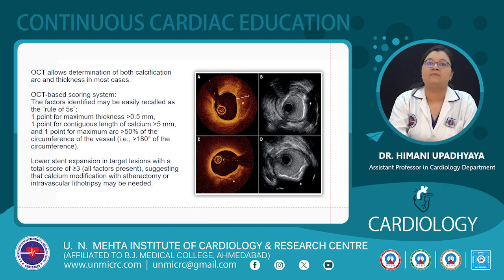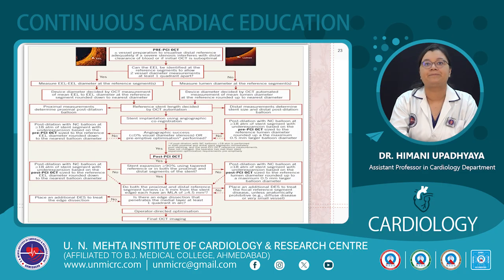One point for maximum thickness of more than 0.5 mm, one point for contiguous length of calcium more than 5 mm, and one point for maximum arc of more than 50% of the circumference of the vessel, as in more than 180 degrees of the circumference. So lower stent expansion in the target lesion is expected when there is a score of more than 3, and it suggests that we should use calcium modifying techniques, either atherectomy or intravascular lithotripsy.